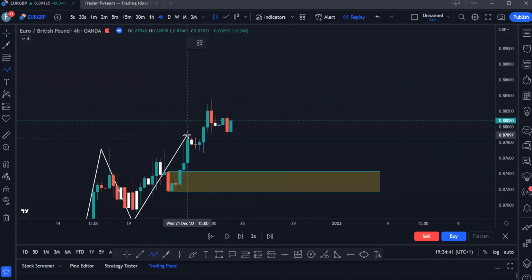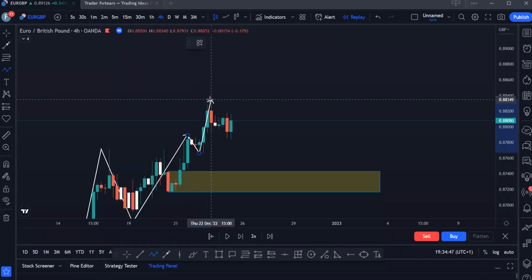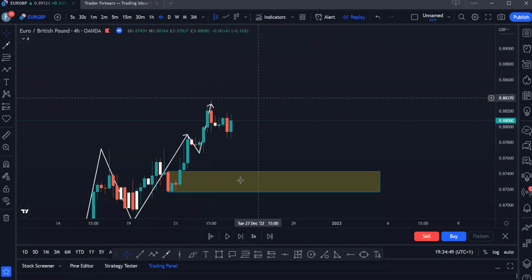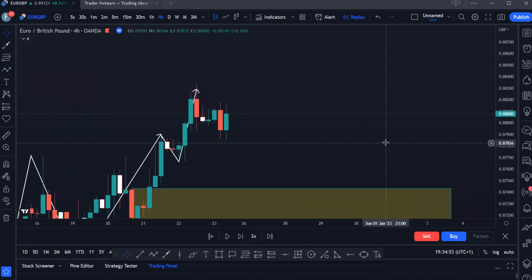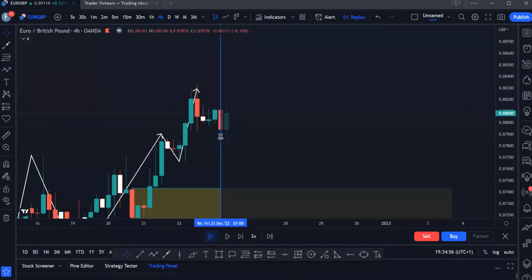You can see this little correction here, and then ultimately price came all the way up. And guess what I'm going to do? The next thing is, when you see that price has done this, let me refresh this like so.